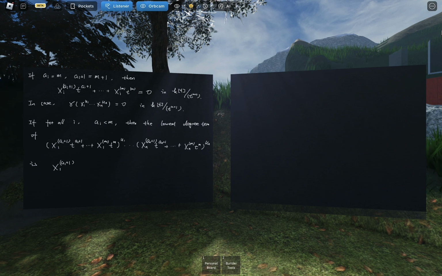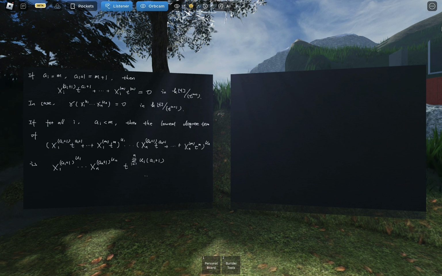Remember we have the exponential here. Does this make sense? Because this is just a single term, there's no cancellation.